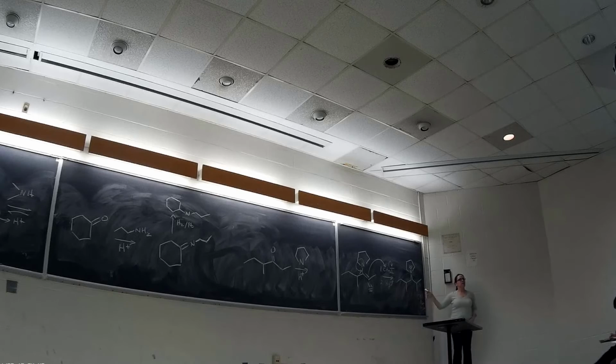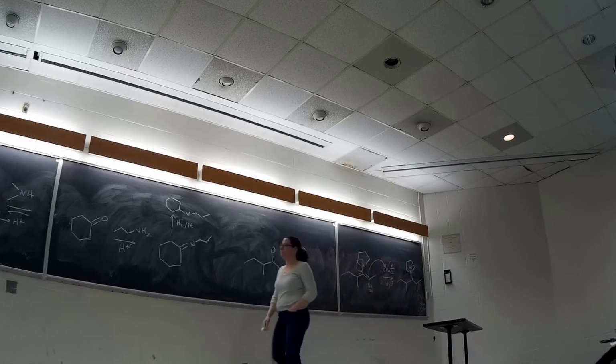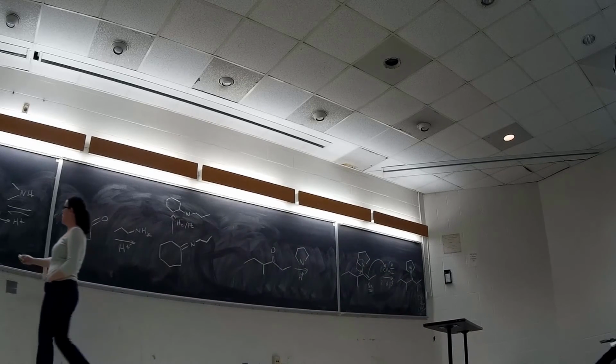What do you think is going to happen when I take this and react it with H3O+? What happened to acetals when we added in H3O+? They went back to the aldehyde. So this is going to go back to the ketone, right? Can you see that mechanism in reverse? Yes, no, maybe so.